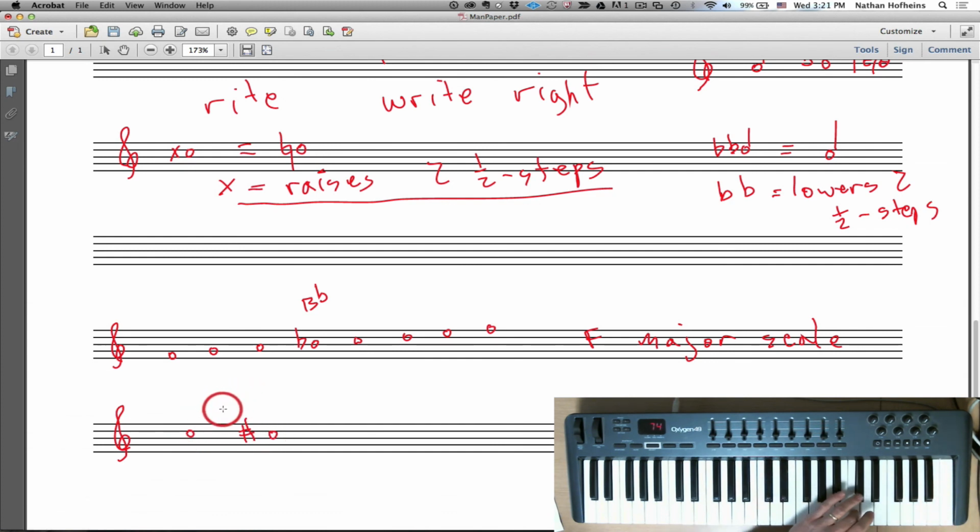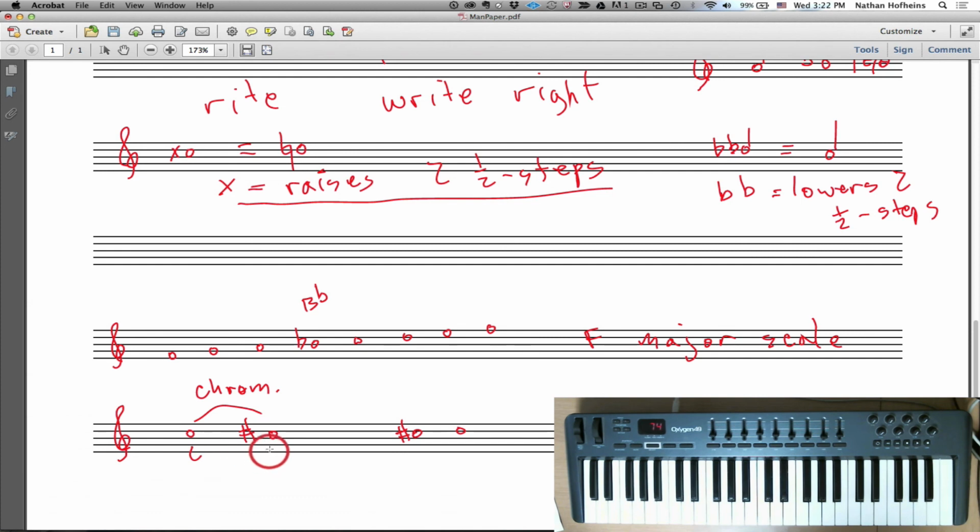So if it's the same letter name and it's moving by a half step, we call that a chromatic half step.